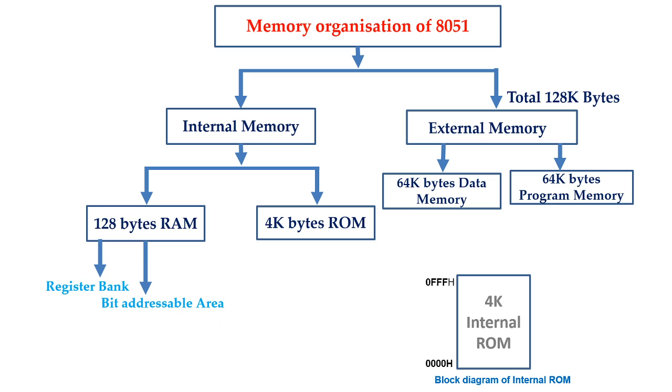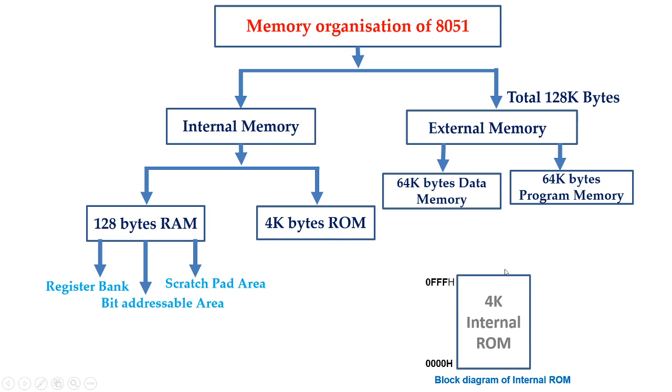The other part is the bit addressable area, and the remaining part is named scratch pad memory. So this memory we are going to discuss in detail. That is the internal memory of the 8051 microcontroller. The read-only memory is 4K bytes.